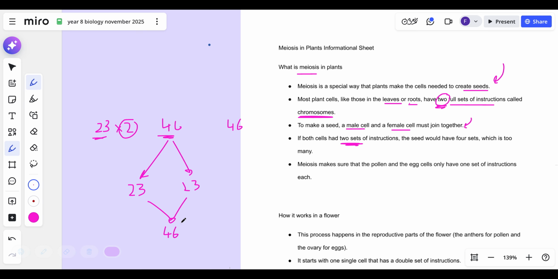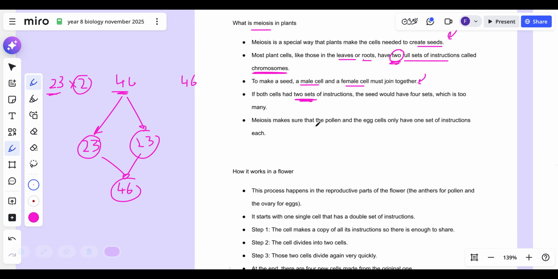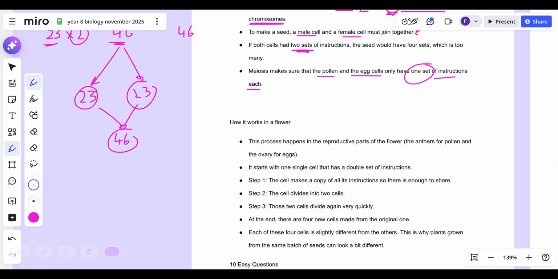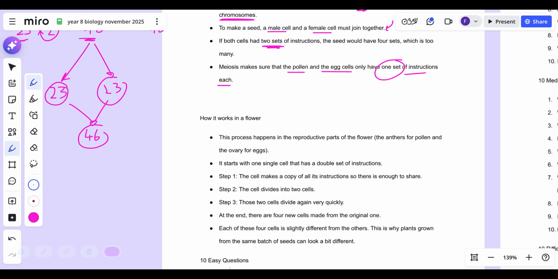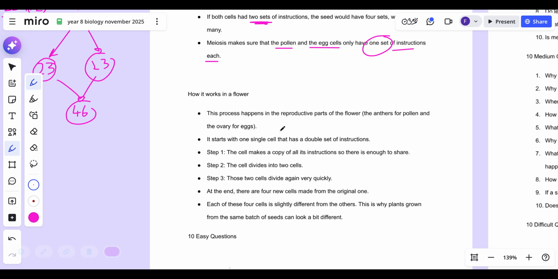You end up with a cell with two sets of instructions, half from the mum and half from the dad. Okay, now, in plants, meiosis makes sure that the pollen and egg cells only have one set of instructions each. Now remember, an adult cell, a normal cell of a normal plant like us, must have two sets of instructions, not one.